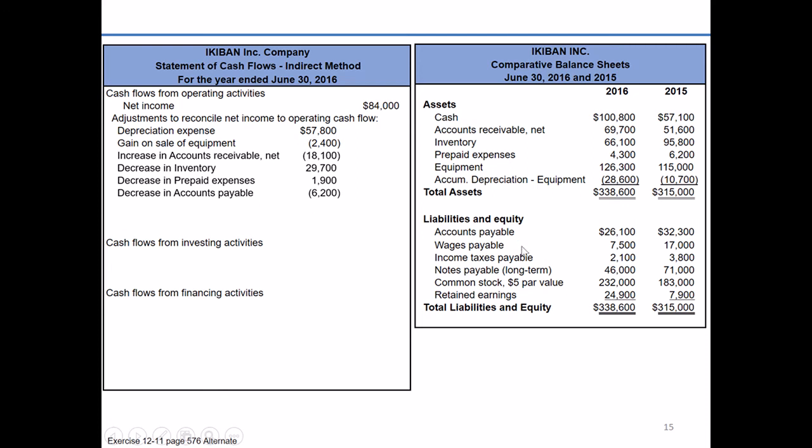Our next current liability is going to be wages payable. We declined from $17,000 in 2015 to $7,500 in 2016. That's a $9,500 decrease between years. And again, that's going to be shown as a decline, or subtraction, in our operating activities section. We next have income taxes payable.